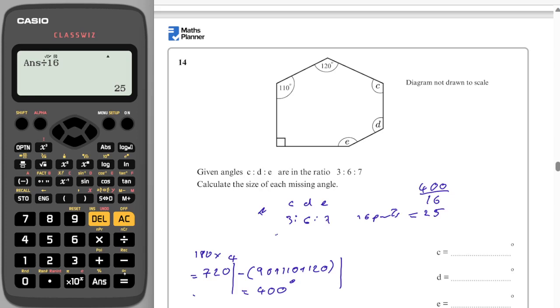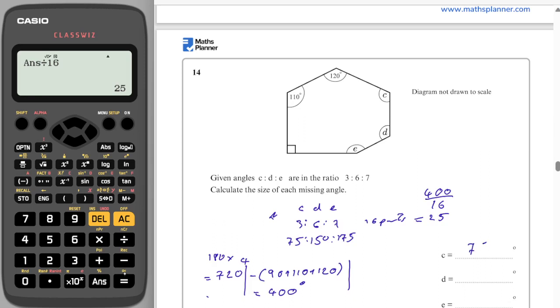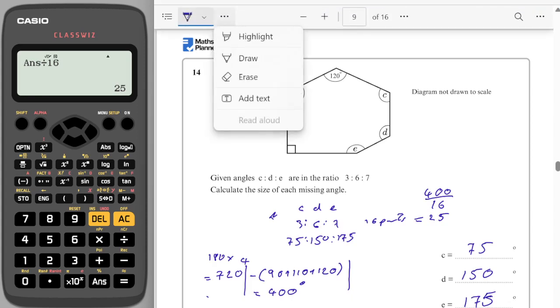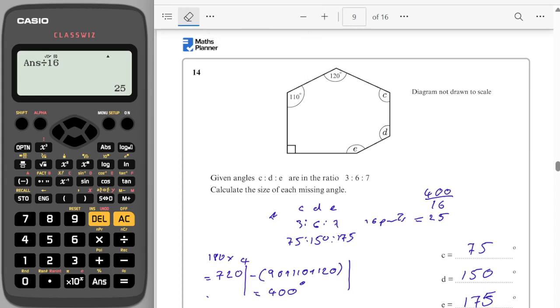So 3 times by 25 is going to be 75. 6 times by 25 is going to be 150. And then 7 times by 25 is going to be 175. So we've got 75 to 150 to 175. Right, I'm not happy with my 0.5 there.